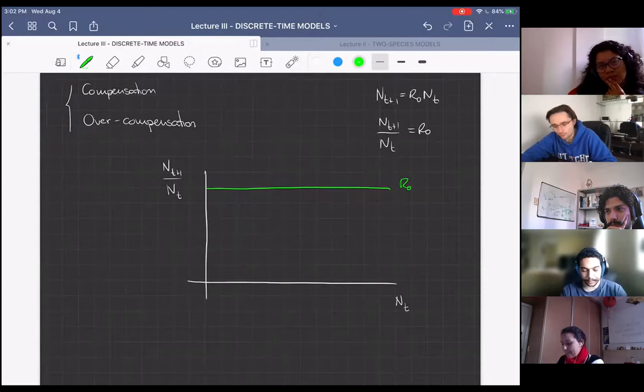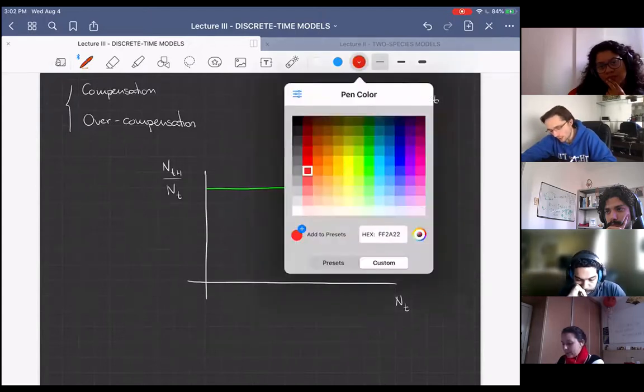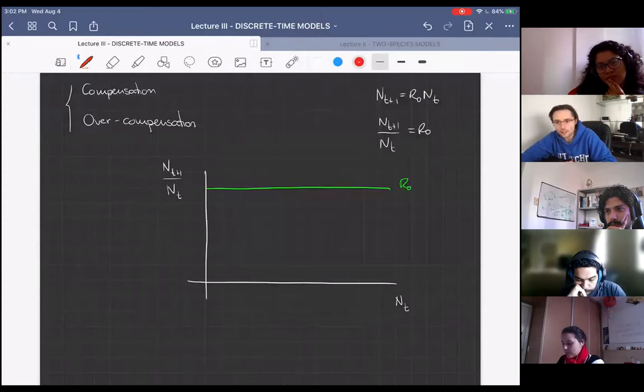So what do I mean by compensation? What I mean by compensation is that somehow I'm going to introduce intra-specific interactions, intra-specific competition. So what I'm going to introduce is an additional interaction, an additional mechanism in my model that is going to make this growth rate decelerate as the number of individuals increases.